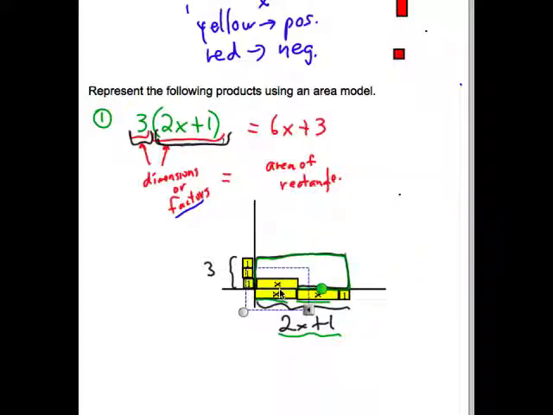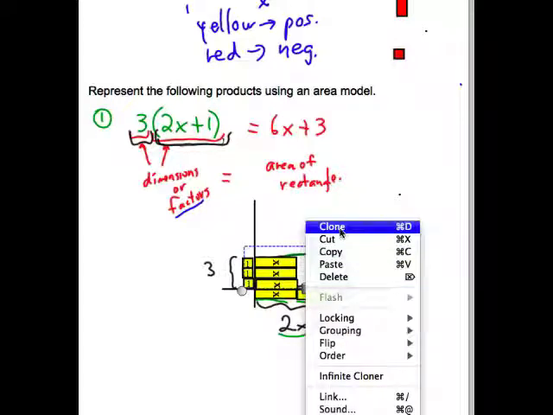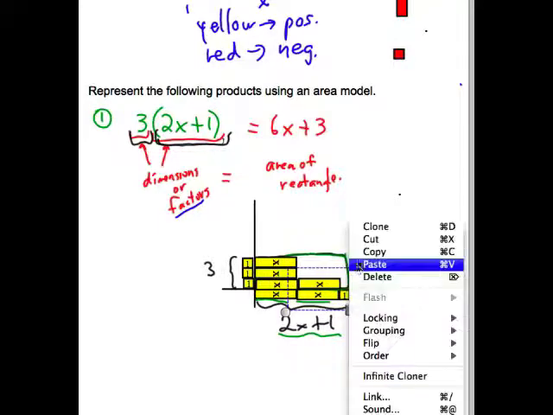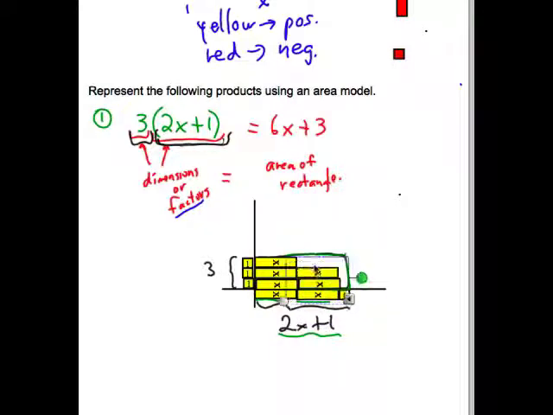So right there, that would fit in that spot. Now I'm going to need a bunch more of these. And then the units here on the side, it's going to be 1 by 1 to fill in that spot, so I need a 1 tile.